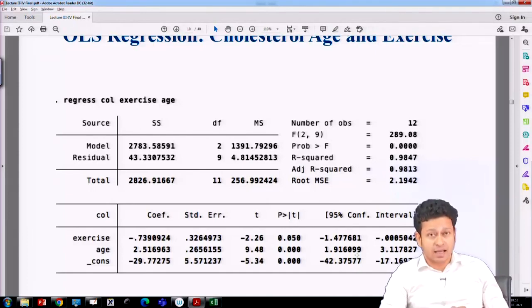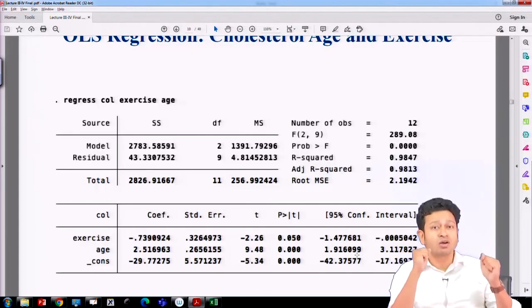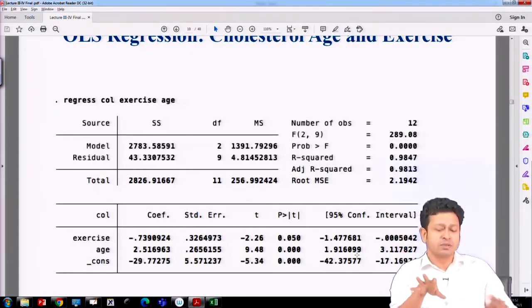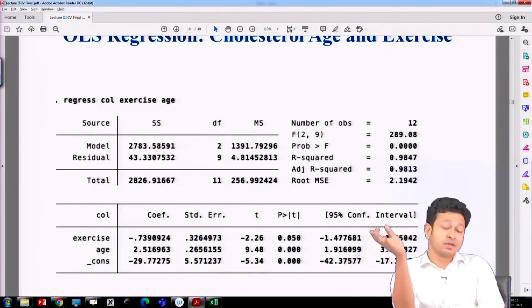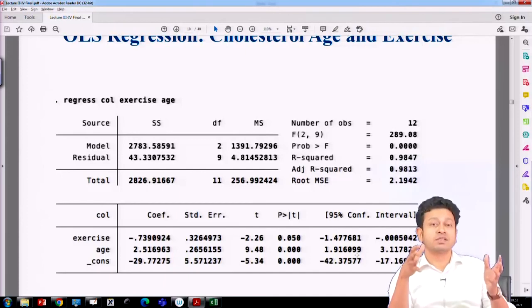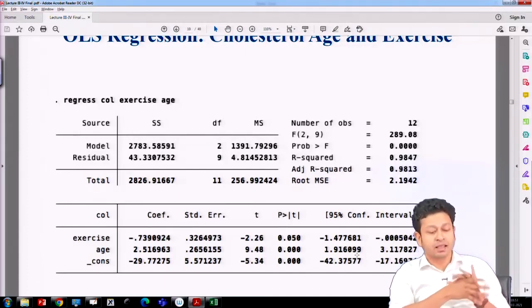That's what you need to remember. There is also a correspondence between the p-value and the confidence interval. If your confidence interval is not containing 0, your p-value is also going to be very, very low.